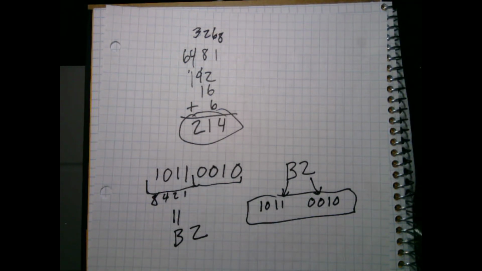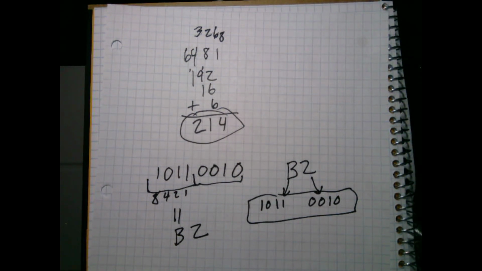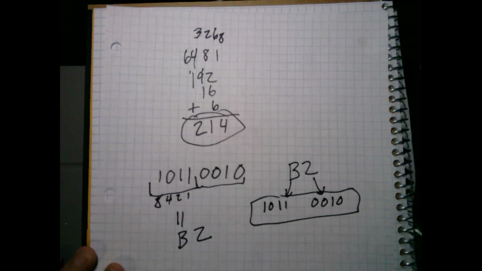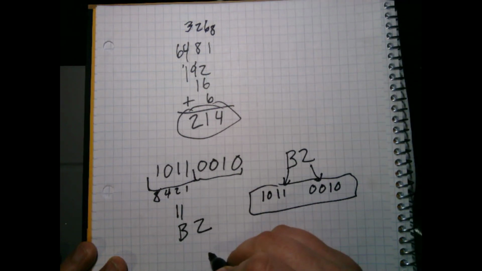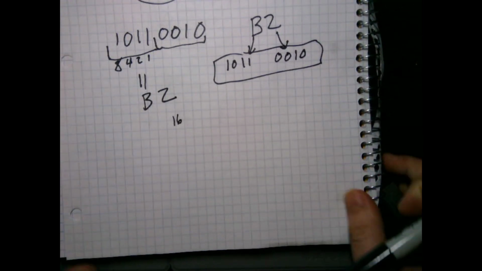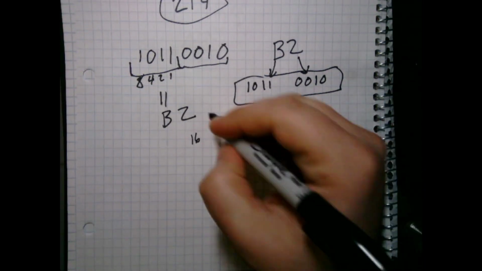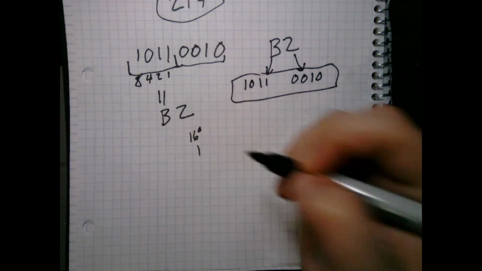Hex to decimal, however, and decimal to hex, we're going to have to go back to our methods from before. So starting with hex to decimal, we'll keep using B2. But going from hex to decimal, we need to multiply by our weight factors. And this time in base 16, the first column is 16 to the 0, which is just 1.